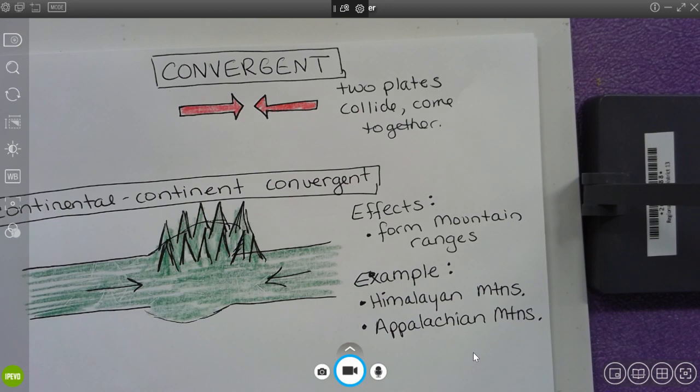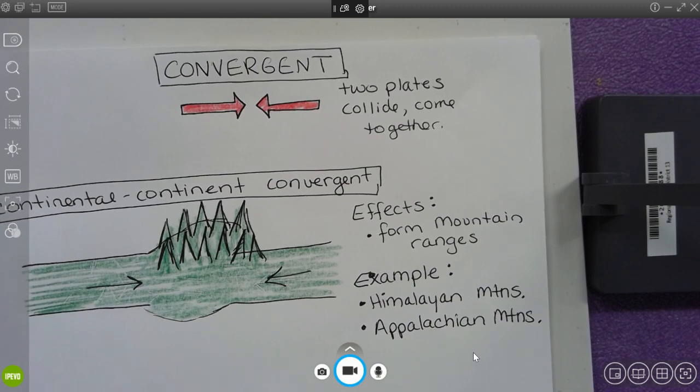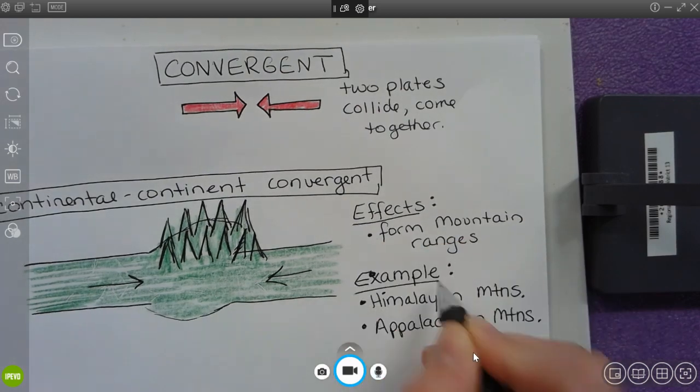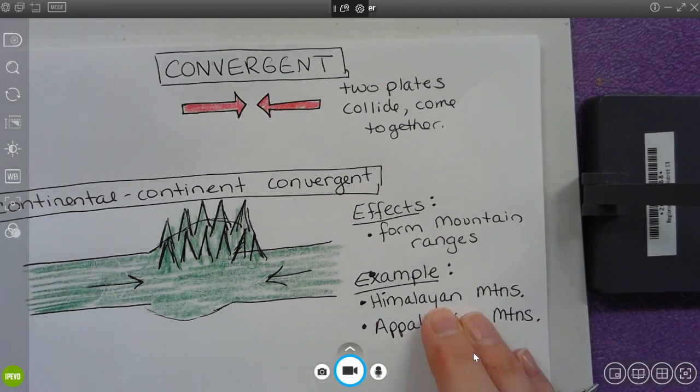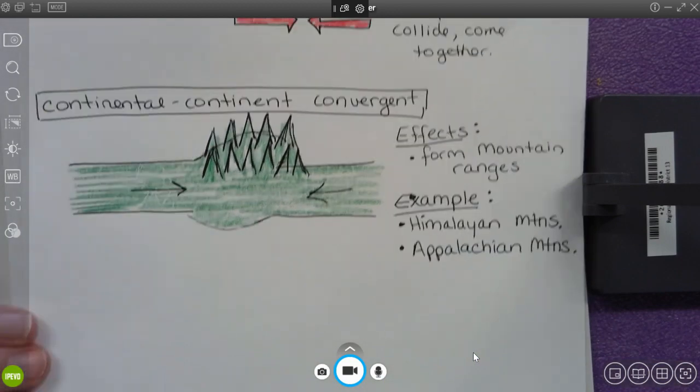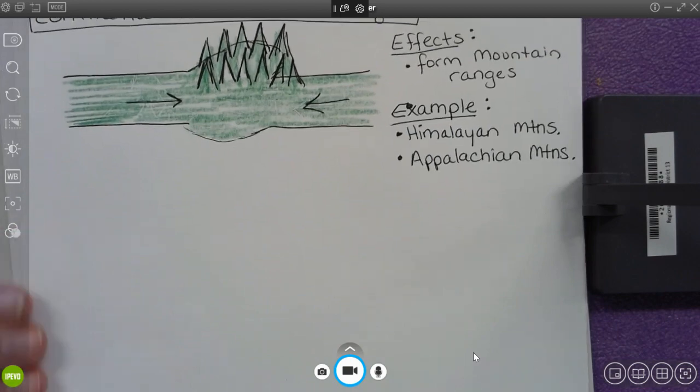Why do you think that is? What could have caused those to round out? Erosion, yeah, weathering and erosion, and a lot of time. The Appalachian Mountains are really old, okay? So they started out looking like the Himalayas, but they don't anymore because of all that weathering and erosion over time.